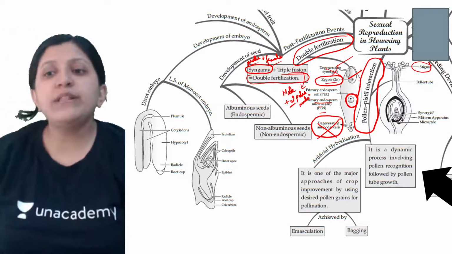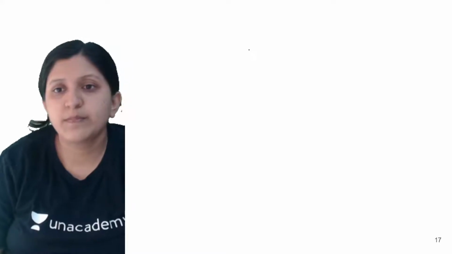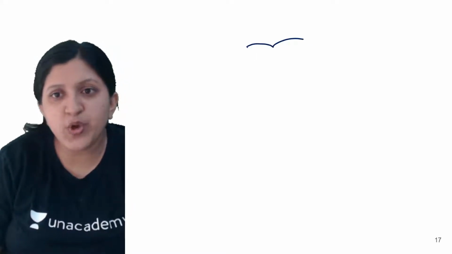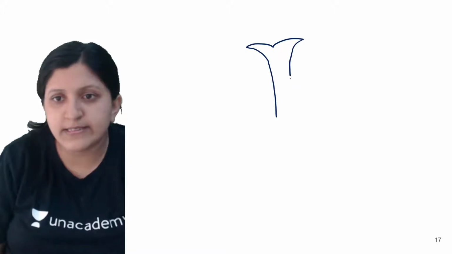Alright, so now if we have to see this process, I'll just show it here. So this one is the stigma. Then there is a style here, so this one is a style.